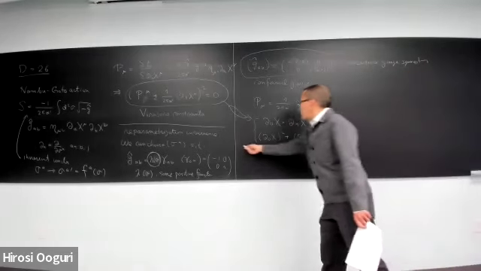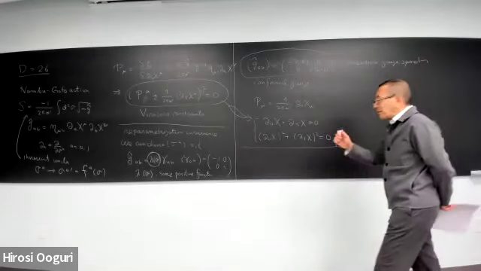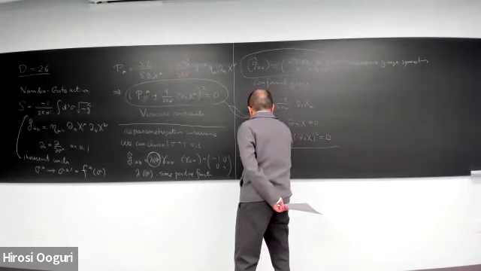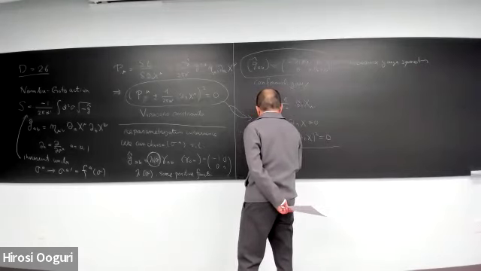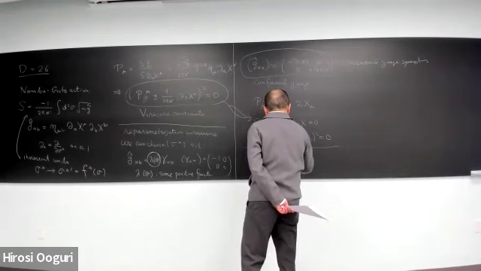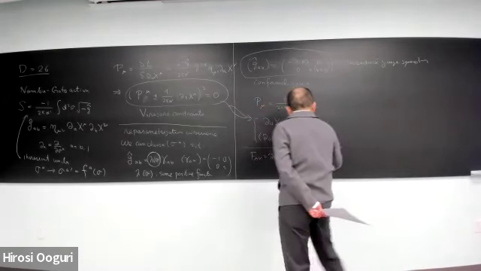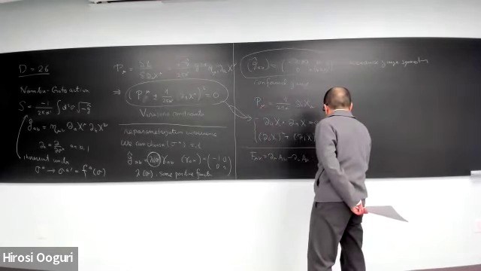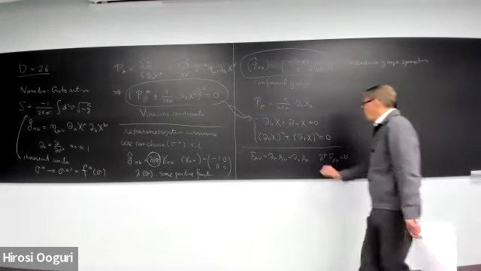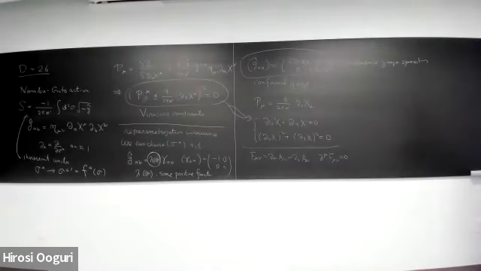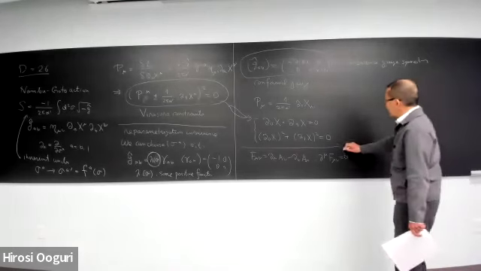Let me give you an example. Suppose you have Maxwell theory. In Maxwell theory, the field strength is F mu nu equals del mu A nu minus del nu A mu, and the equation of motion can be written in this way. You might have seen it in your electromagnetism class.